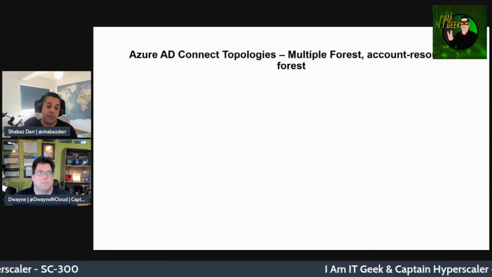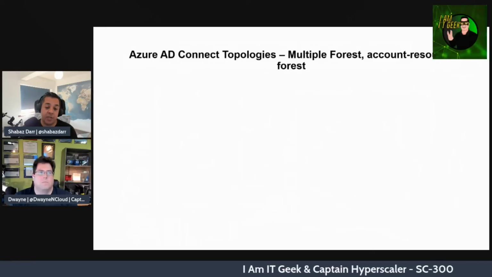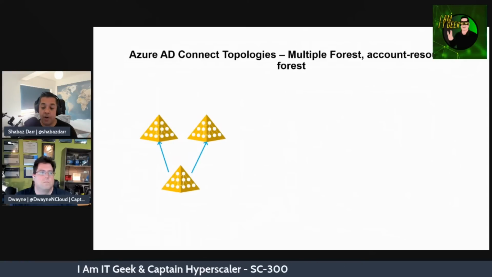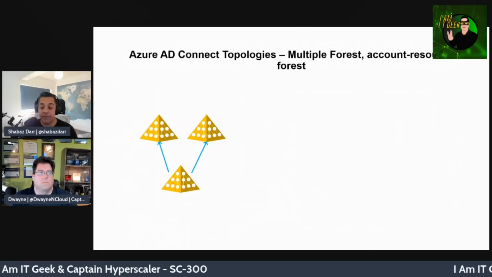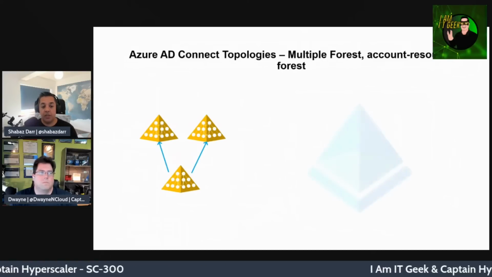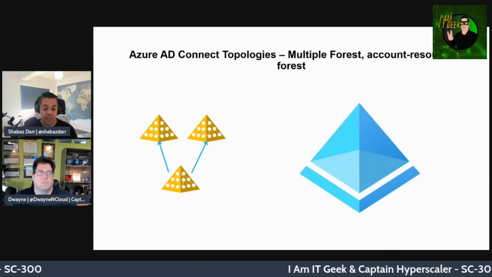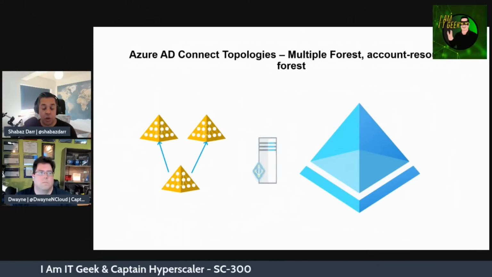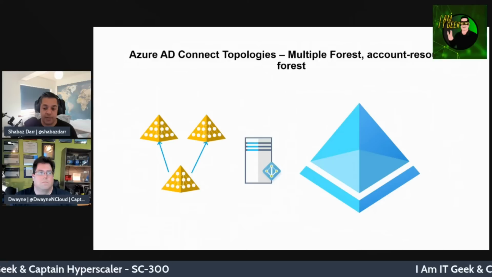Another topology is multiple forests with an account resource forest. In an account resource forest topology, you have one or more account forests with active user accounts. You also have one or more resource forests with disabled accounts. In this scenario, one or more resource forests trust all account forests, so there's a trust between them.